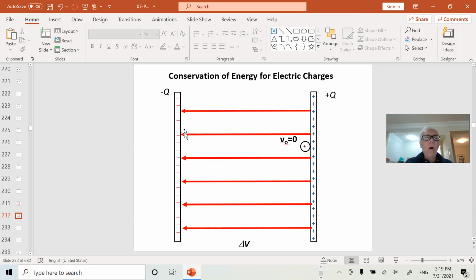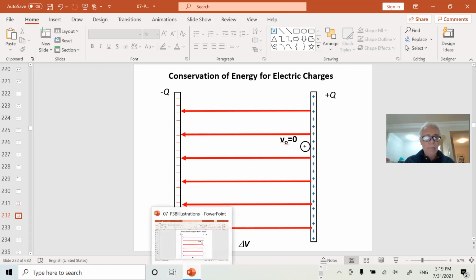So the question is, what's going to be the final velocity of the electric charge here at the other end of the plate? Well, we can find that out by using conservation of energy. This is just the simplest example that you're going to see out there for solving problems of conservation of energy for electric charges.